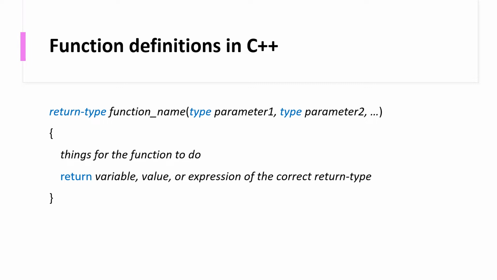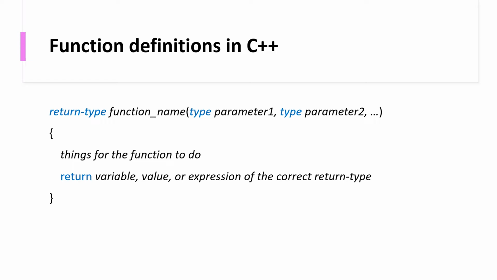What tells C++ that you're defining a function is that you're then going to have an open parenthesis and a close parenthesis. You don't actually have to have any parameters in between. Most functions are going to take one or two parameters, but you can have as many parameters or as few as you want.